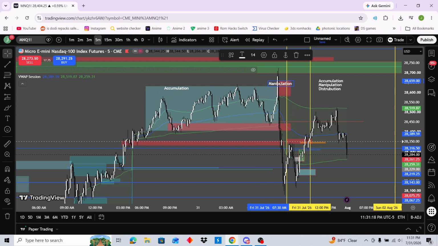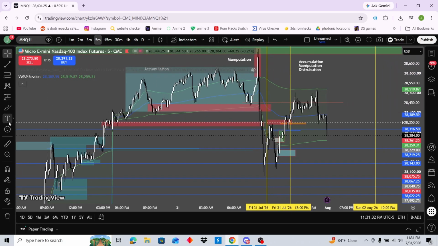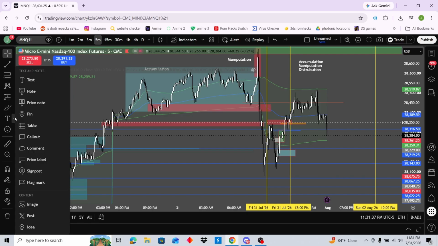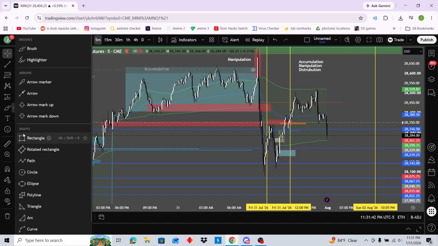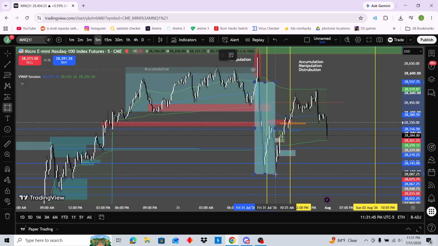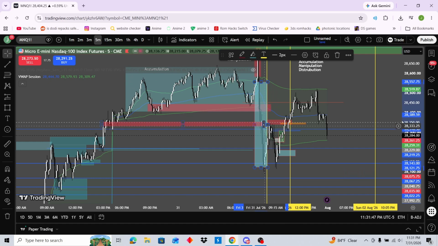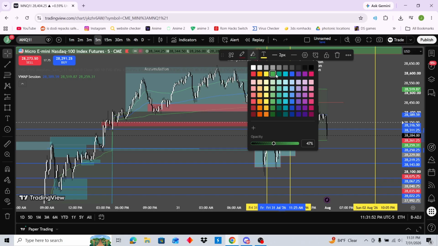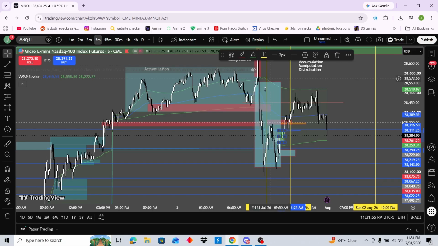Manipulation, and then this red box will be the manipulation, very small, and then we will distribute down here. Where's my rectangle? Sorry. And now we distribute down here. Catch these big moves. Color this one green. Like that.